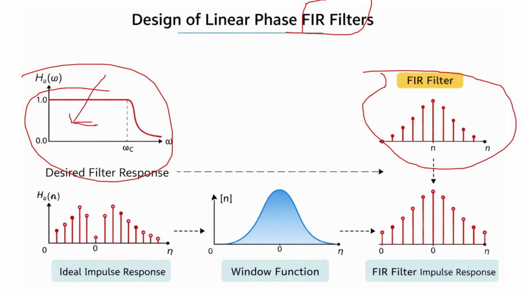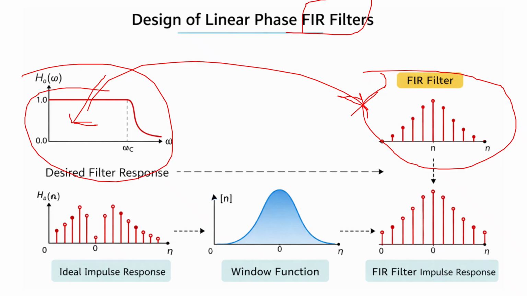But the problem is how will you design your hardware? That is the challenge. In order to design the hardware in digital format, you need the finite impulse response, right? So that all the impulse responses can be added to design your finite impulse response filter.